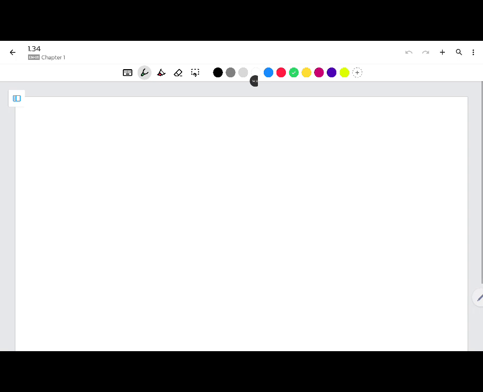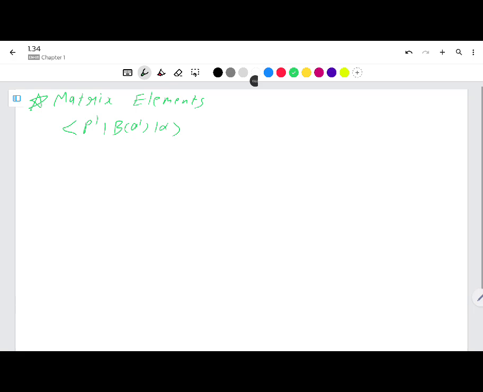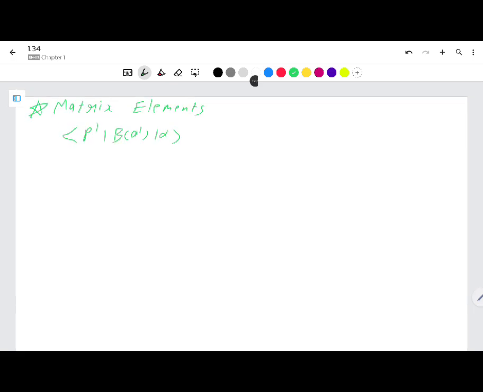Now let's try to look at the matrix element. So our interest is to find P prime, B, P prime alpha, and we know that what this will do is P prime plus A prime alpha.